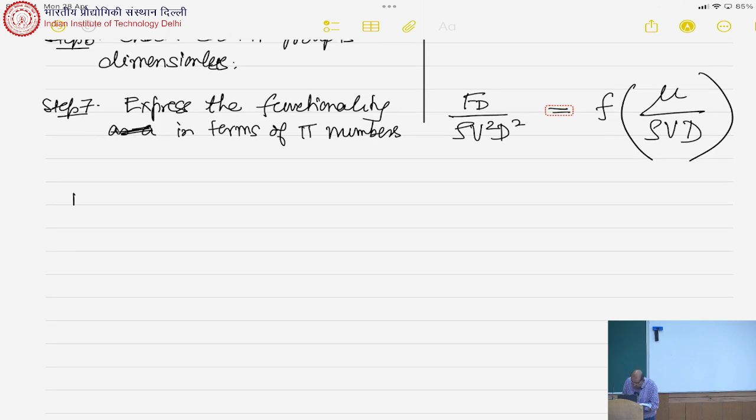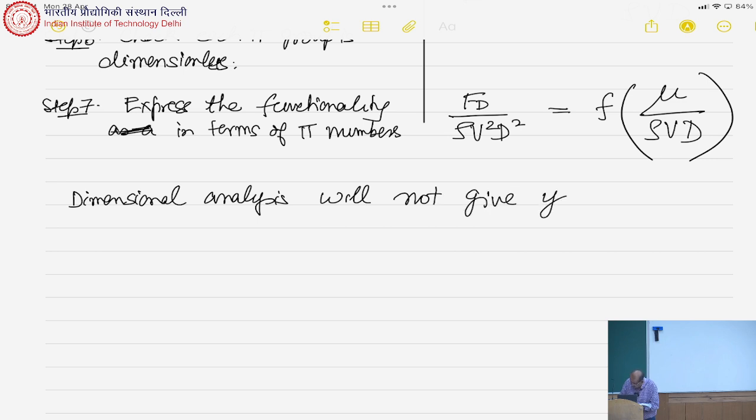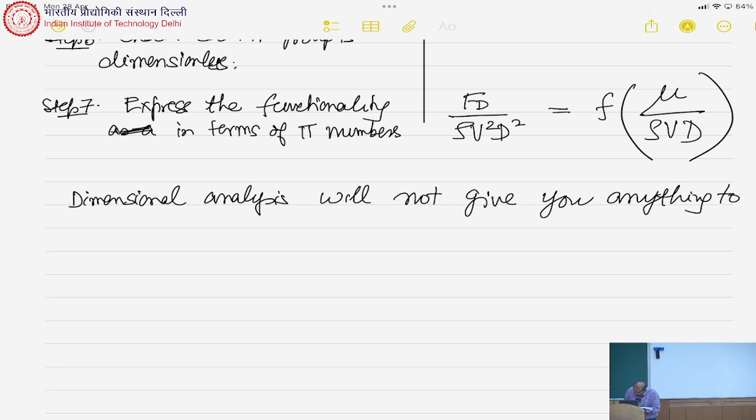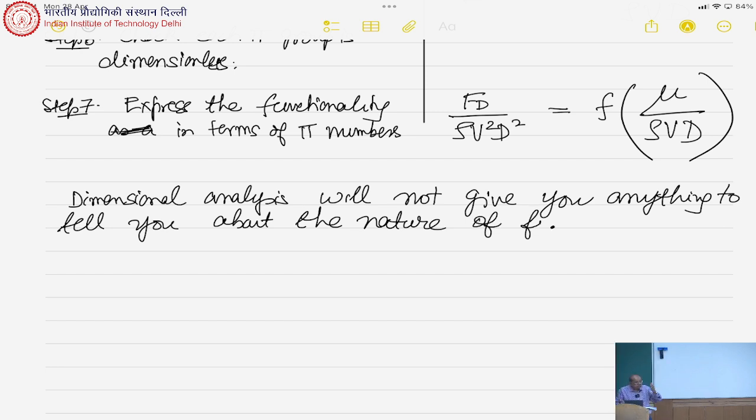Now dimensional analysis will not give you the nature of this function f, whether it is linear, sinusoidal, cubic, or to the power -1, log, exponential, nothing will be told by dimensional analysis.